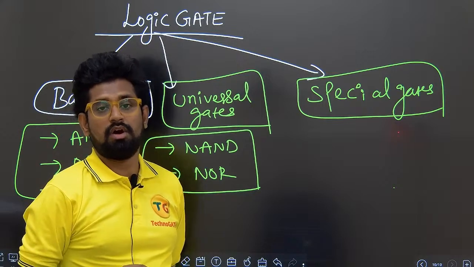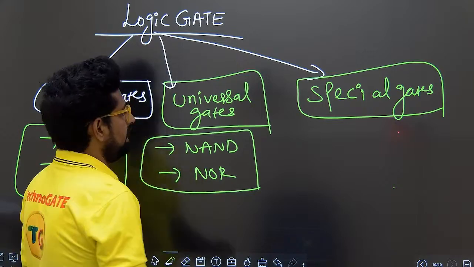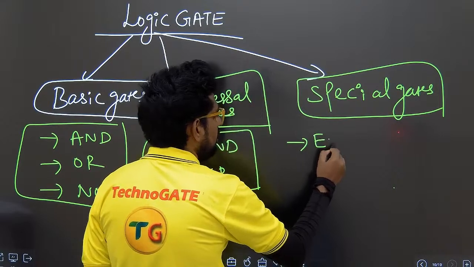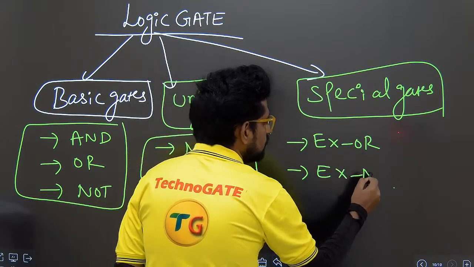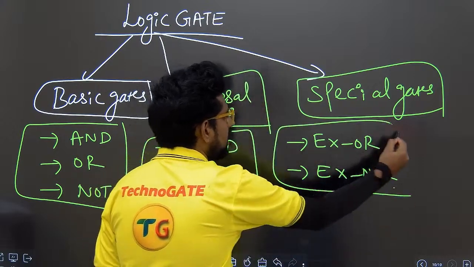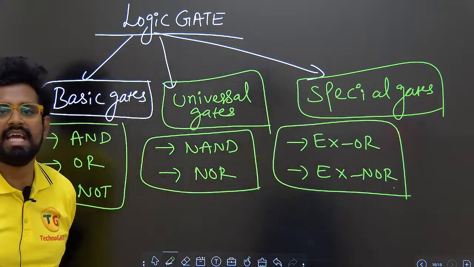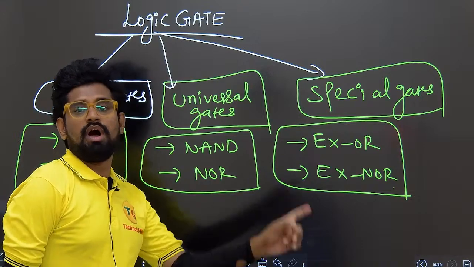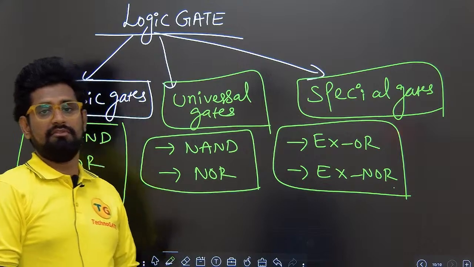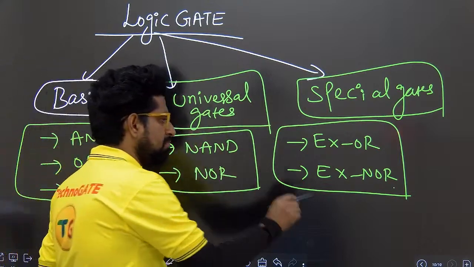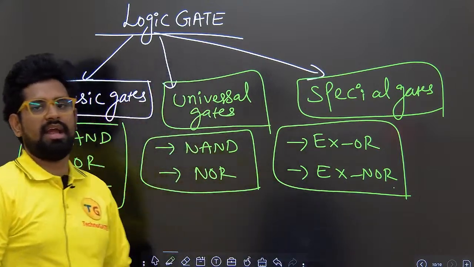The next special gates we have are exclusive OR and exclusive NOR gate, which are also called odd gate and even gate, inequality gate and equality gate. Likewise, various names are given. I am going to explain in depth whenever we are discussing the particular gate.